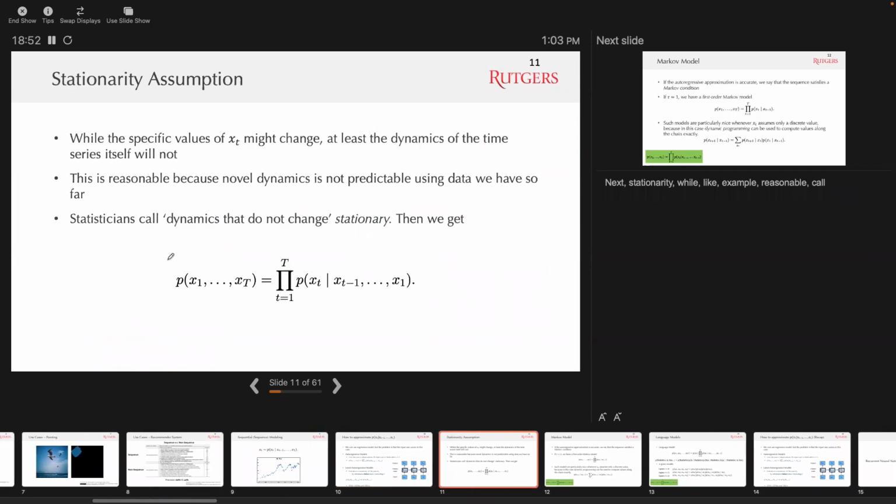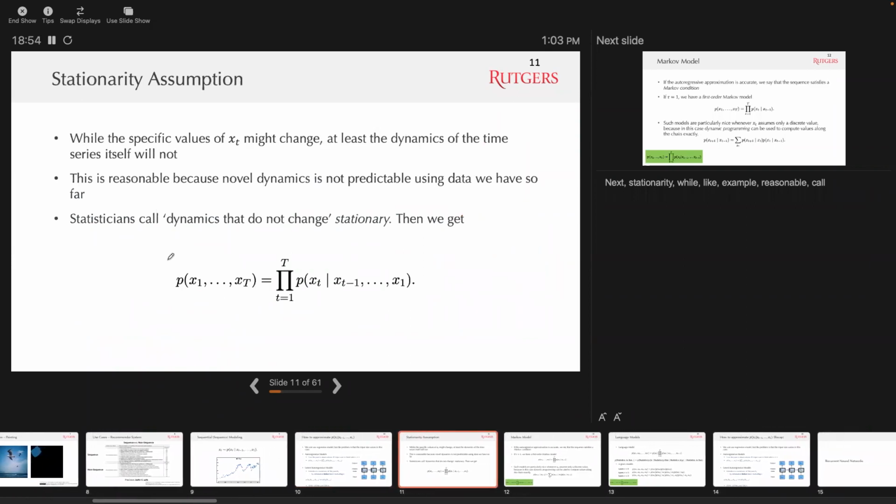This autoregressive model, like what we said, makes some assumptions. It makes a stationary assumption. What's the stationary assumption? It says that the specific value of xt might change, but the dynamics of the time series itself is not going to change.